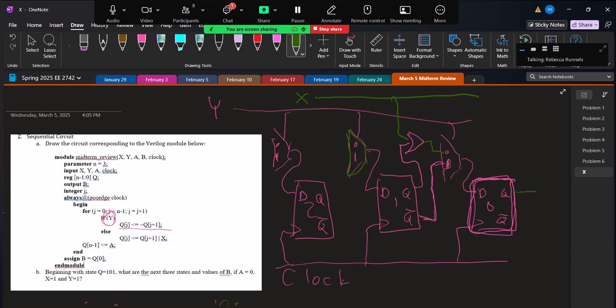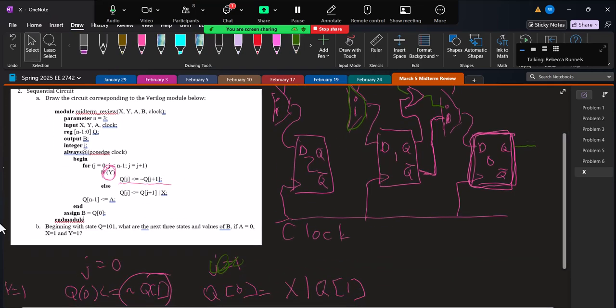But it's not going to tell us if it is or isn't. We just have to make it both. You have to draw it to accommodate anything, because in part B, they're going to say, okay, let's do some examples where we're going to tell you what x and y are. But x and y, those are switches on the board. You can switch them to be whatever you want them to be. So we have to draw it to account for any scenario.